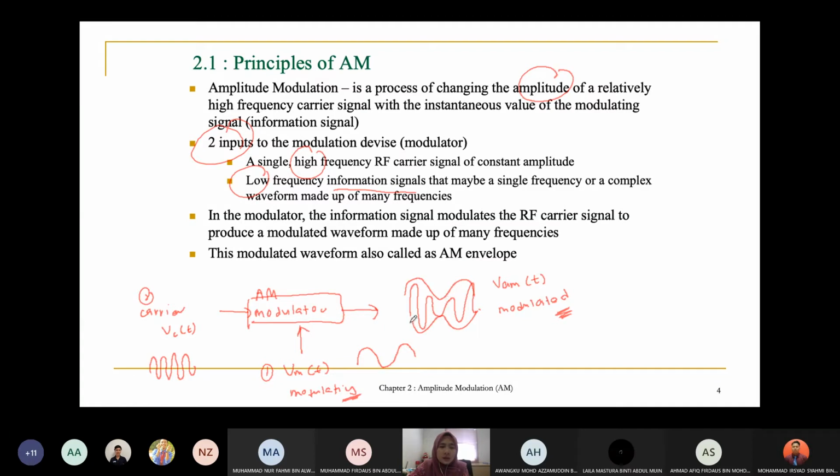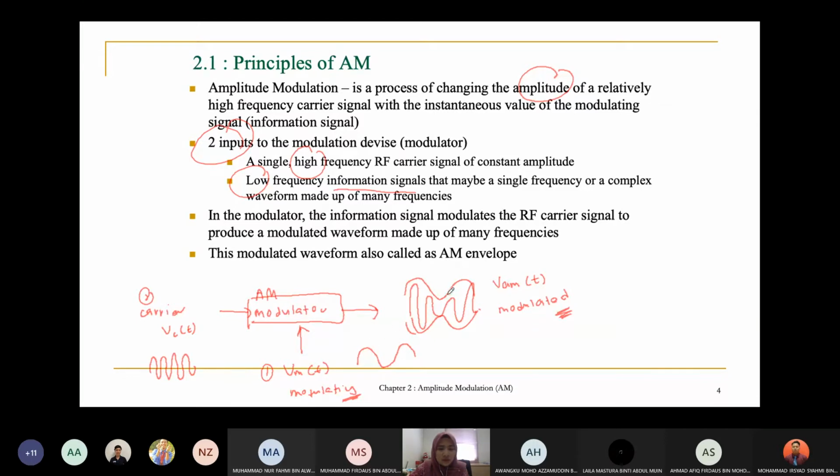Okay, and if you look here, amplitude modulation is the process of changing the amplitude of the carrier signal to follow the amplitude of the modulating signal. You can see that the carrier signal has a fixed amplitude, and this modulator changes the amplitude of this carrier signal so that it follows the amplitude of this modulating signal.